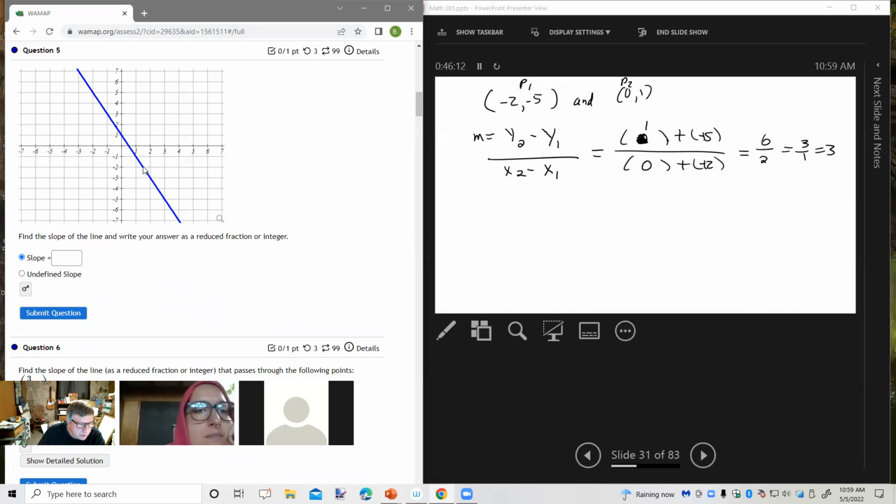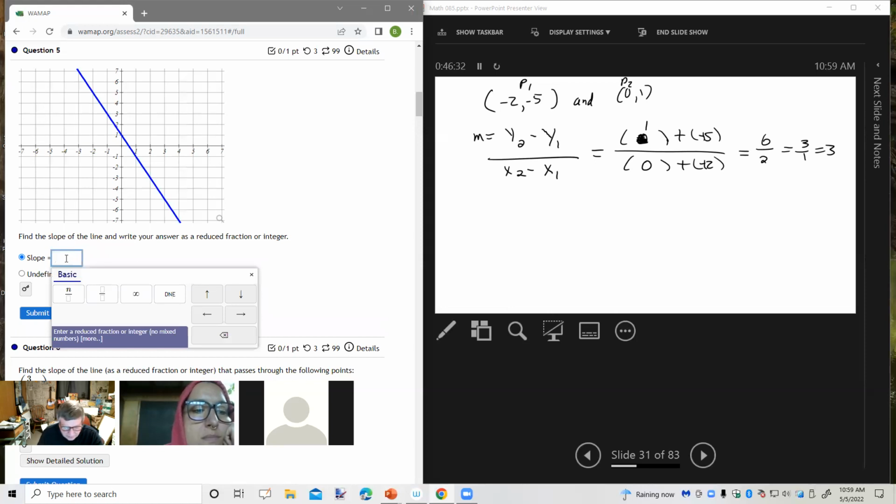In other words, we wouldn't want to pick that point and that point, but we might pick that one right there and that one right there. So here, I'm going to go down 1, 2, and over 1. So -2 over 1. You follow that? So the slope would be -2.